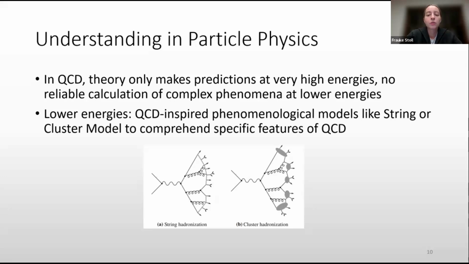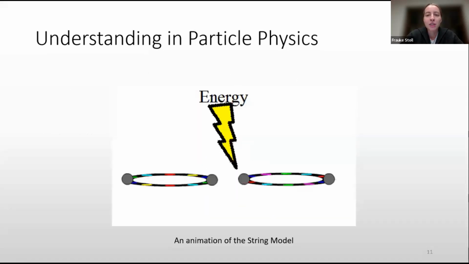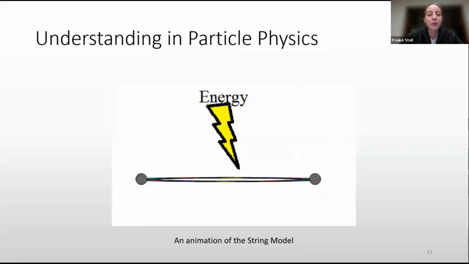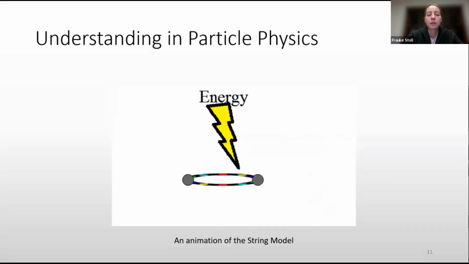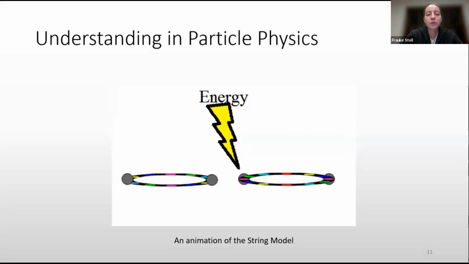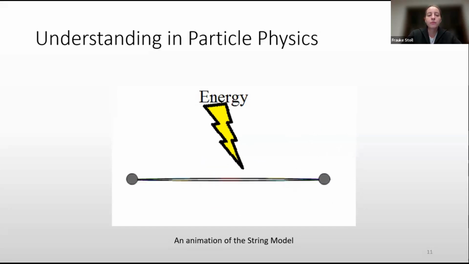And this tearing corresponds to the creation of two quark hadrons. And as this is a bit abstract, here's a short animation of that. So you have a quark and an antiquark, connected by this flux or gluon tube, and when the energy increases, it tears. And when it tears, you have those two quark hadrons.